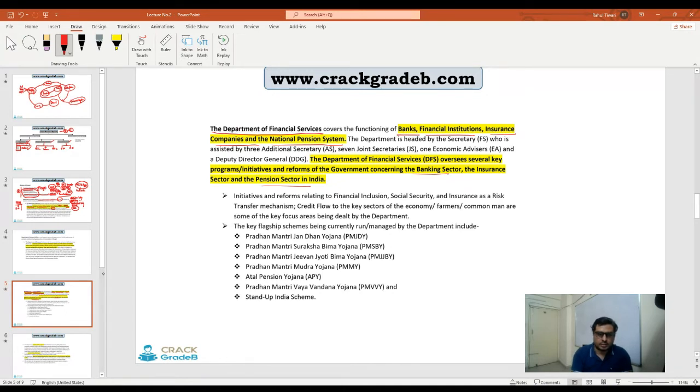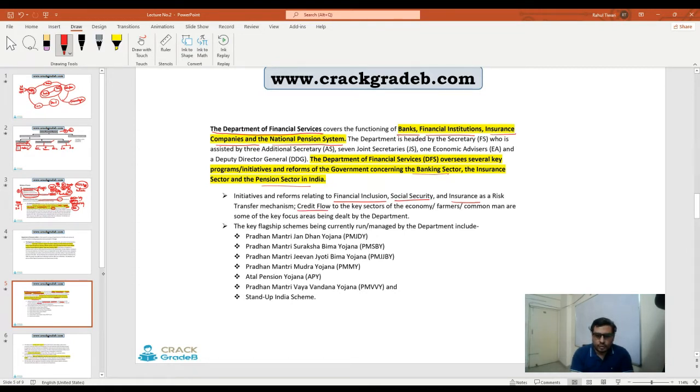Again, it is mentioned here: initiatives and reforms related to financial inclusion, social security, insurance, and risk transfer mechanisms. In your syllabus, you have economy and social issues. So social issues, social security, insurance, all these things come under which department? Department of Financial Services, right?